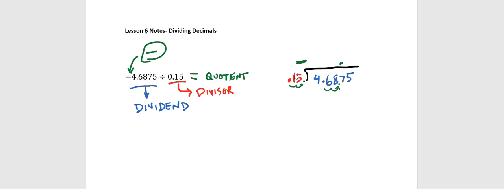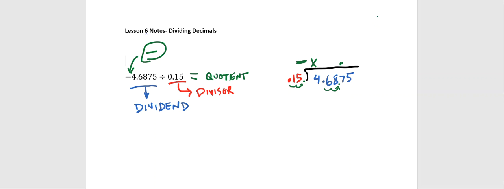So we start to ask ourselves, how many times does the new divisor we've created of 15 go into 4? And it does not go in. So I like to put an X there just so I don't lose track of where my digits are in my final quotient answer. I then ask myself, how many times does 15 go into 46? And I might need to do a little bit of guessing here.